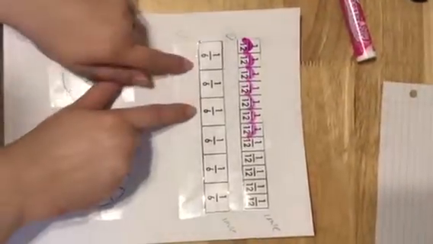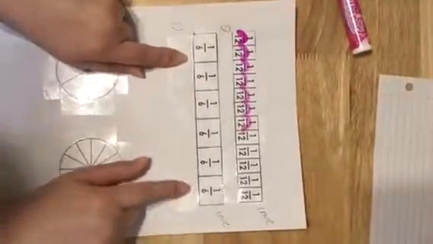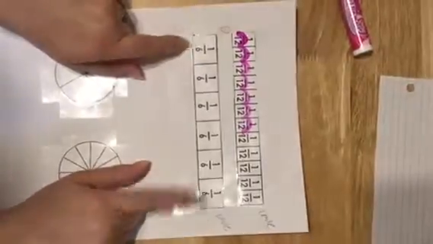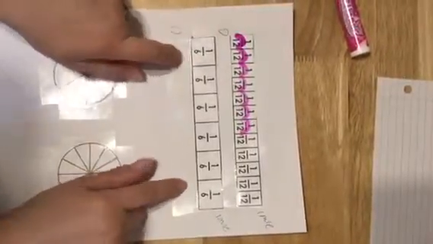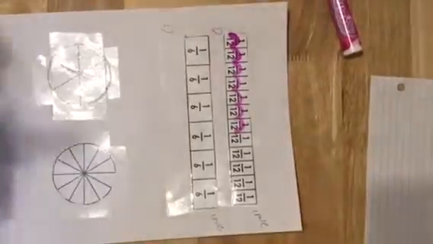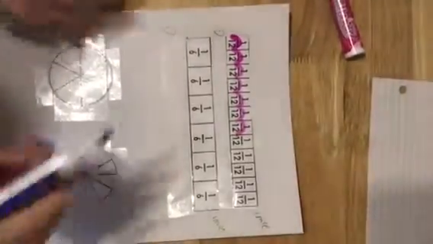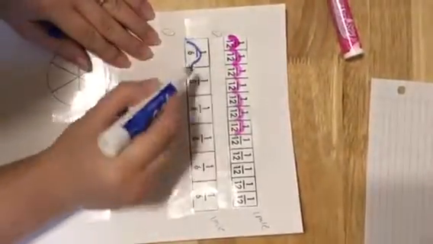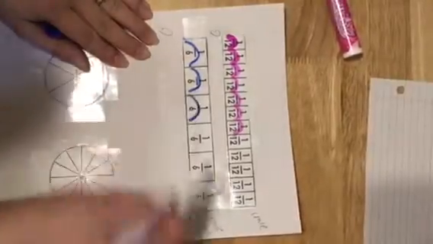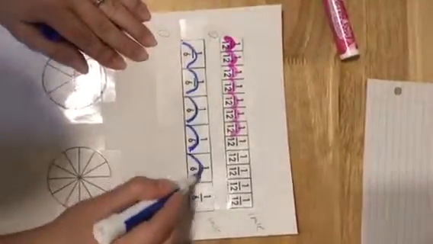The other mile is divided into 6 equal parts. Our denominator. I will make 5 jumps to show how far Brandon walked. 1, 2, 3, 4, 5.